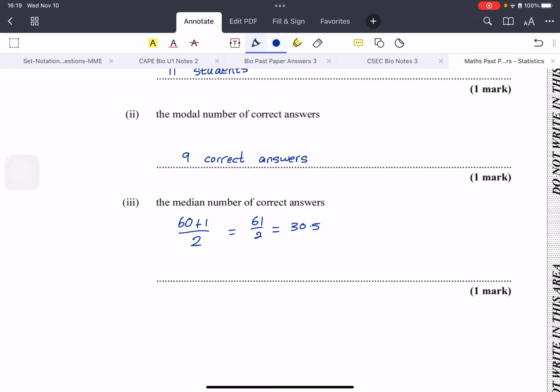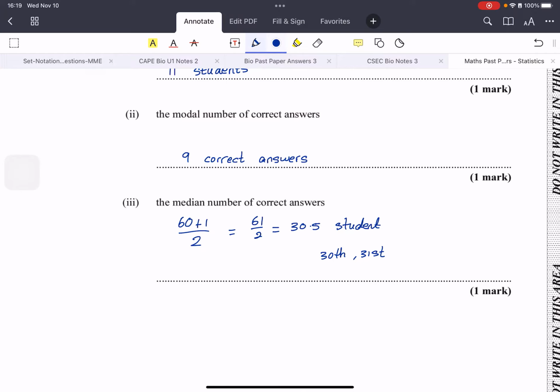Okay, that's the median position of the 60. However, that's not what we are finding. This is 30.5 students, and well, you can't have 0.5 of a student, right? So we are looking for the 30th and the 31st student. We need to find how many questions they got correct.